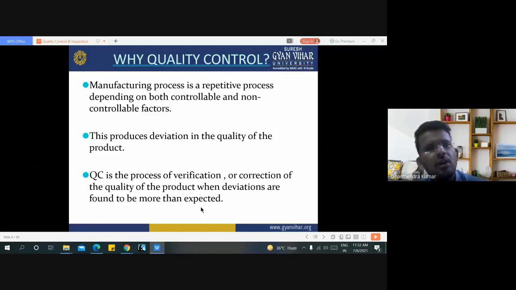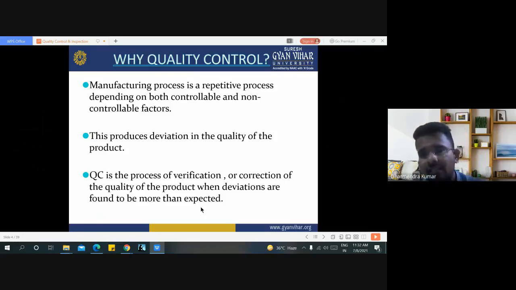Quality control is a process of verification or correction of the quality of the product when deviations are found to be more than expected. As we have discussed earlier, we expect some characteristics in the final product, and when the product comes from the manufacturing unit, we compare the various parameters of characteristics.